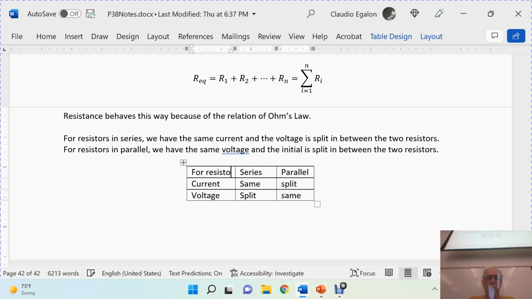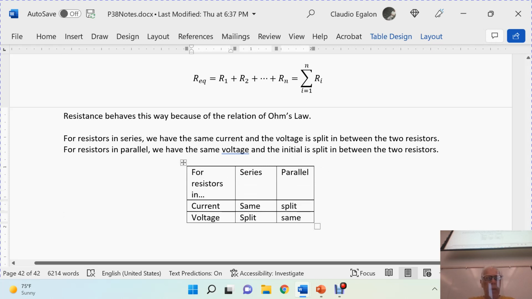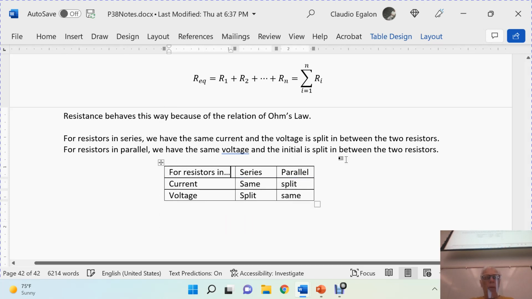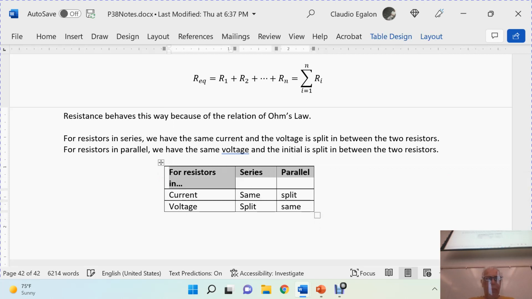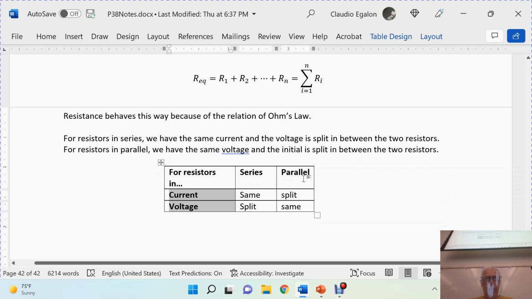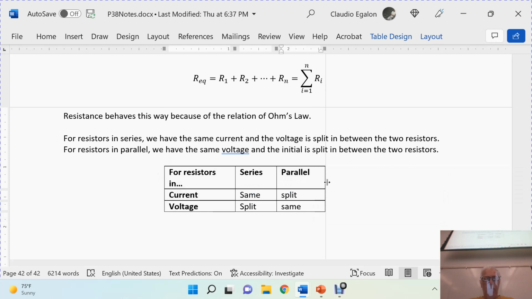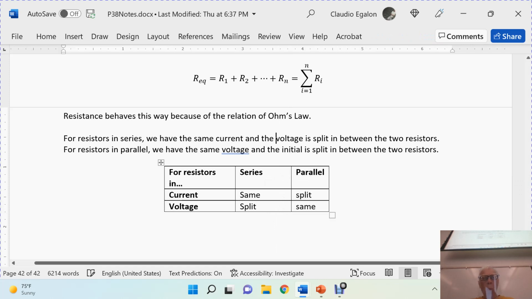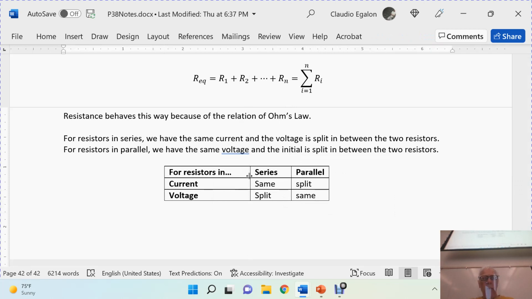For resistors in series and parallel. Like that.